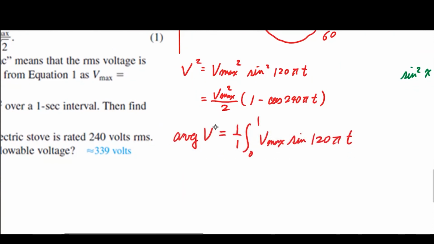So this is the average of V squared now, and then this is V max squared, and I'll just write it one more time.